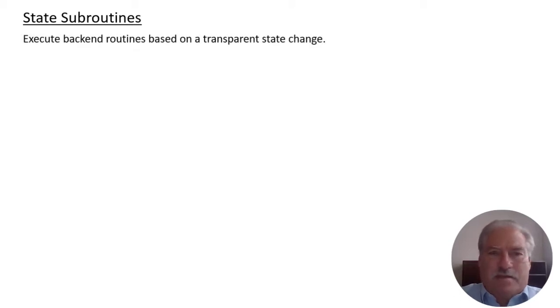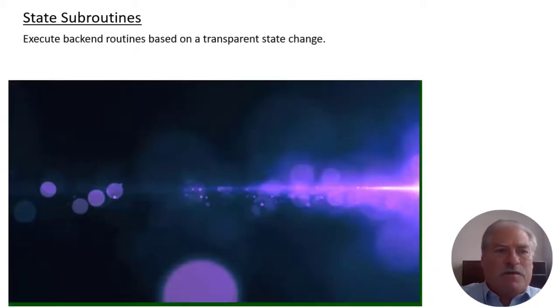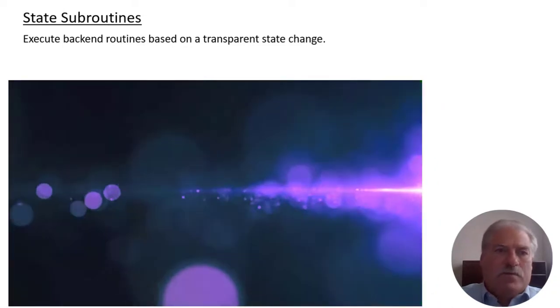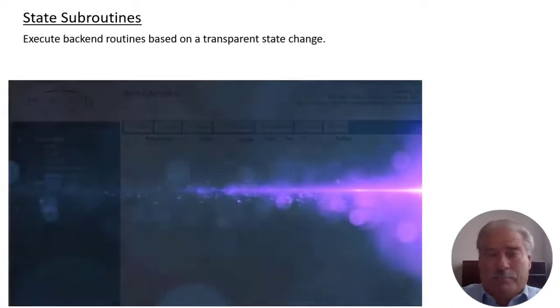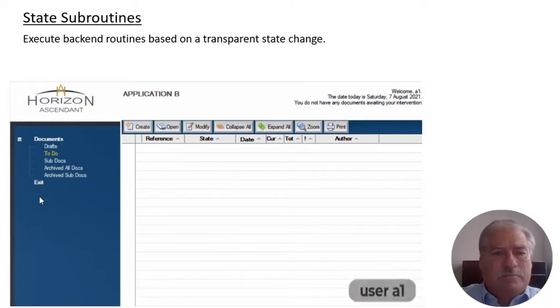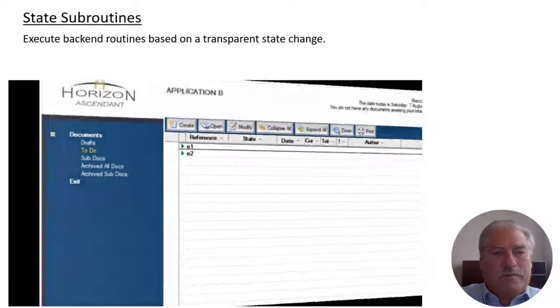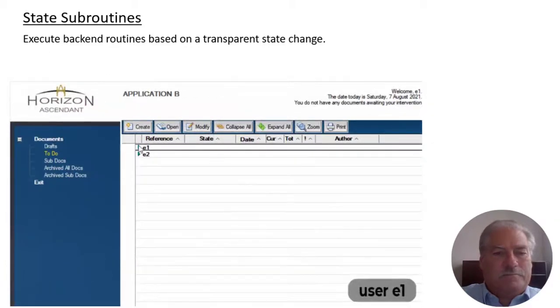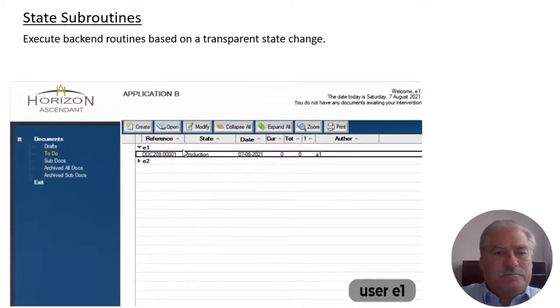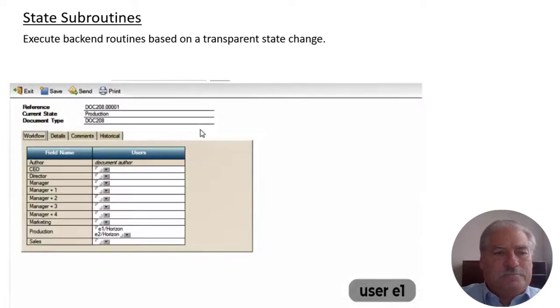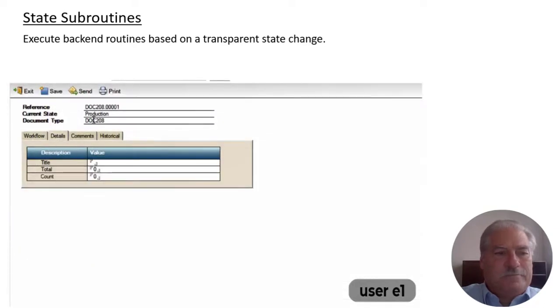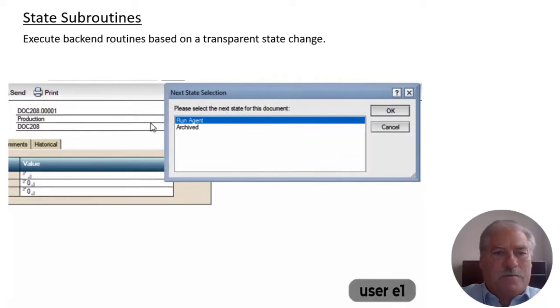Moving on now to state subroutines. This is where we execute back-end routines based on a transparent state change. I'll explain what that is in a minute. So again, as user A1, you can see those fields are set to 0.